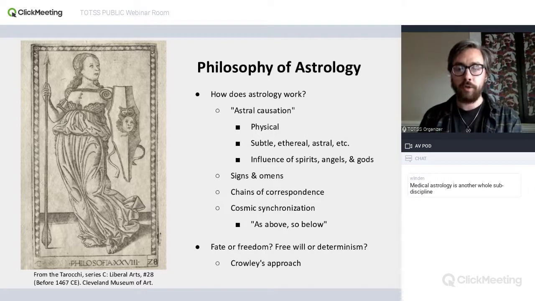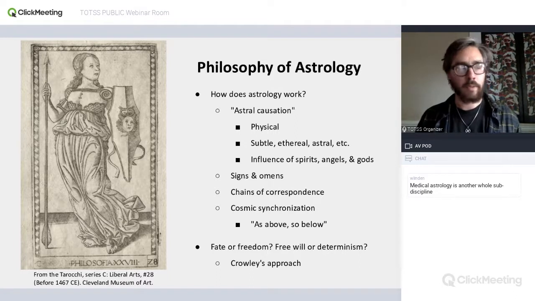All right, and then our second big philosophical idea that's worth thinking about is in terms of fate or free will. Whether we're fated to undergo the things that the charts portend, or that transits foretell, or whether they're just tendencies, or whether they show options or things that might happen.